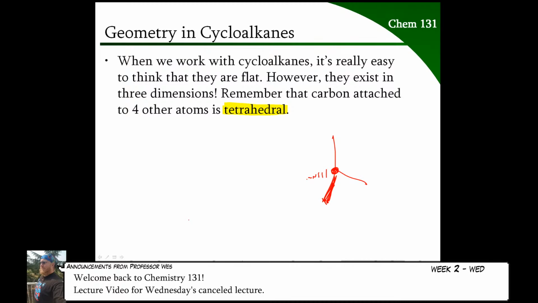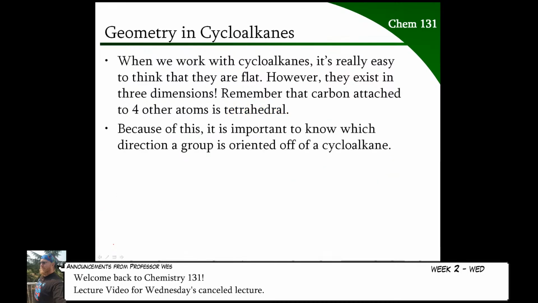Now, when I start hooking things into a circle, you can imagine that this is like part of, say, my cyclohexane like this. Now I've got something that came out of the paper right here, and something that went into the paper right here. And if I were to just replicate that with any position, the same thing occurs. And so I'm always going to have an into and an out of orientation at every corner of a cycloalkane. We're going to show that on the model viewer in just a second here.